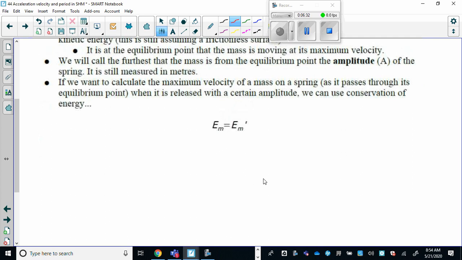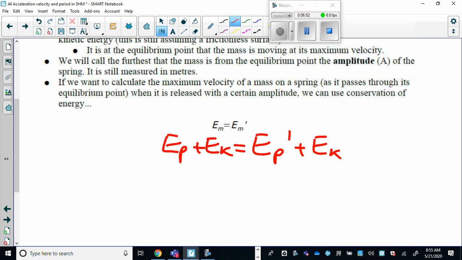So we've got EM equals EM prime, the mechanical energy before equals the mechanical energy after. And as we said, we're talking about elastic potential energy and kinetic energy. Okay, and we know that when we stretch the spring, and when you're just holding the spring, it's all elastic potential energy and no kinetic energy.